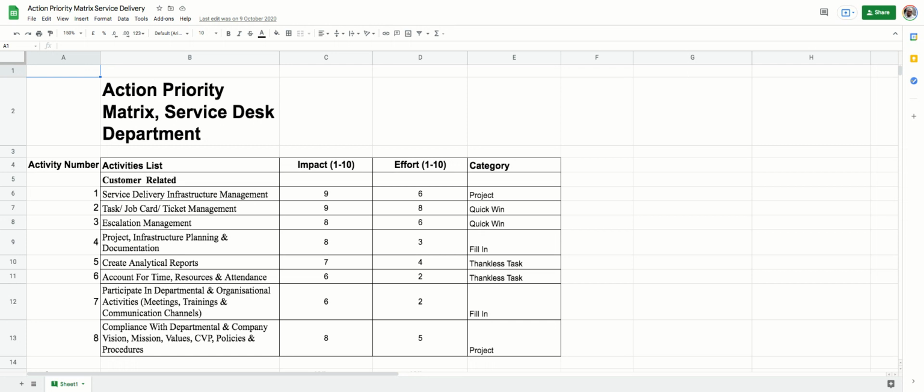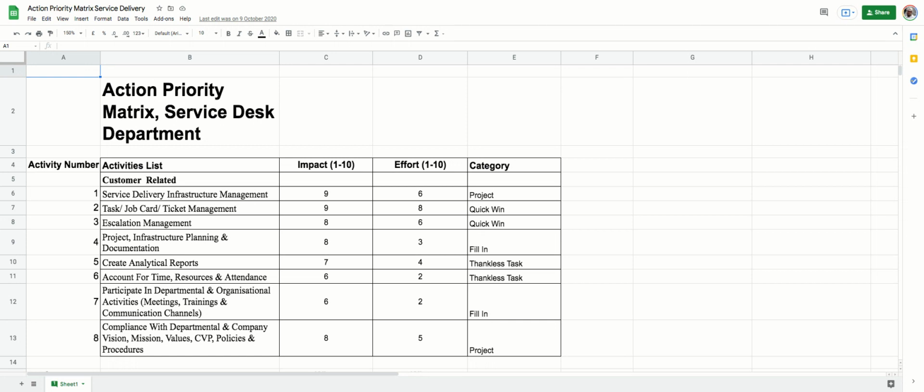Most of the names are pretty descriptive. Quick wins usually fall in the medium to high impact, but medium to low effort. That's a quick win.